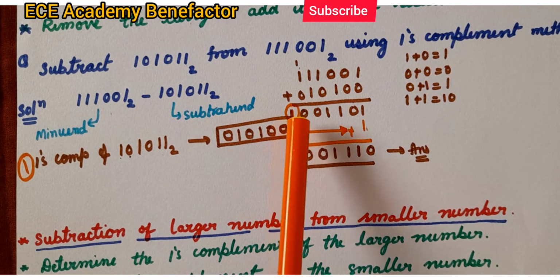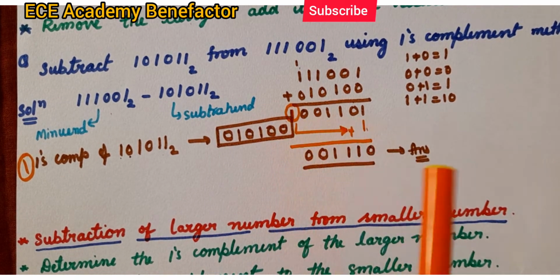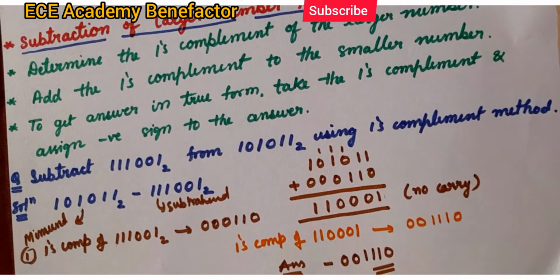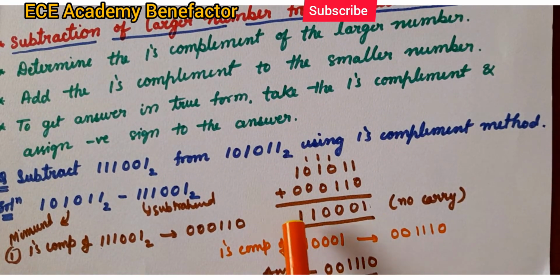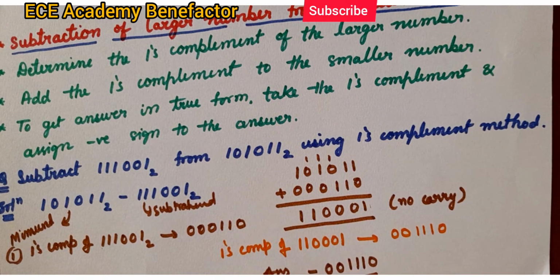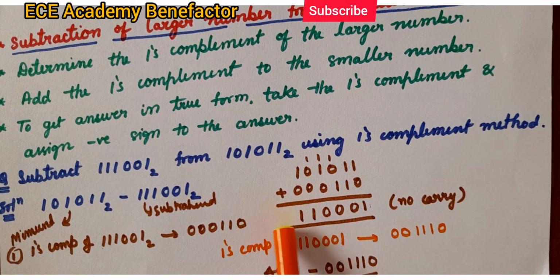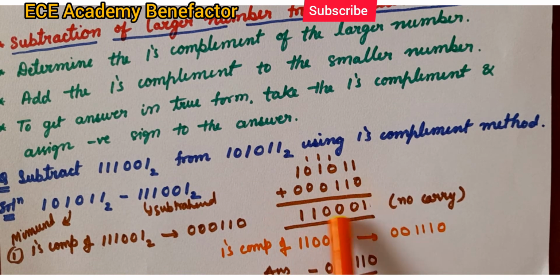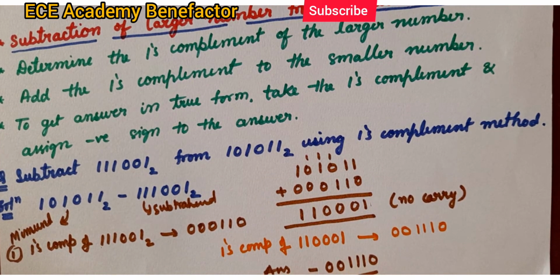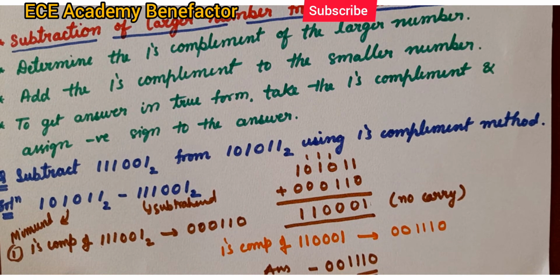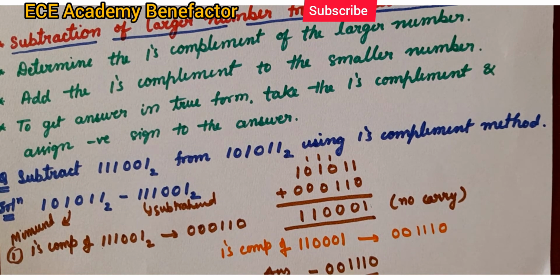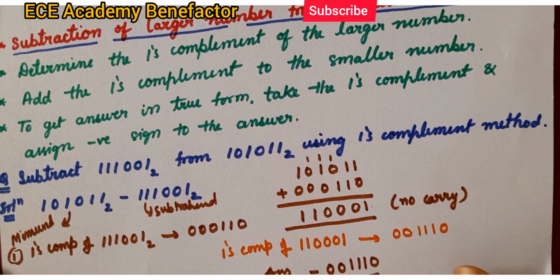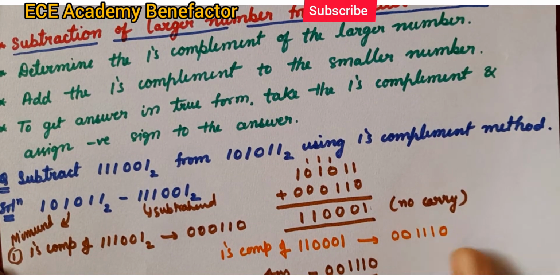If there is carry, add that carry to the result to get the final answer. And in the second example, we are not getting any carry. When there is no carry, we have to find the ones complement of the answer and put a minus sign to it. That is the answer in the true form. So, this is how we do it in ones complement.